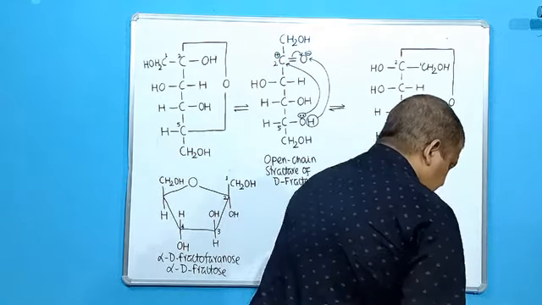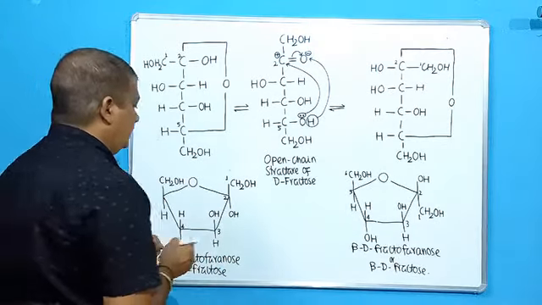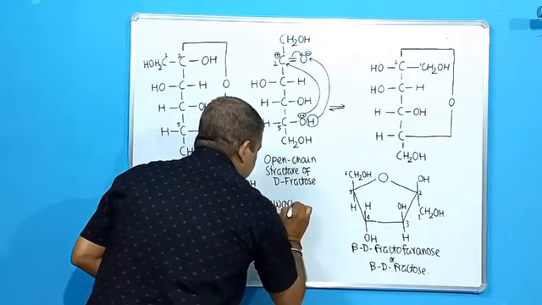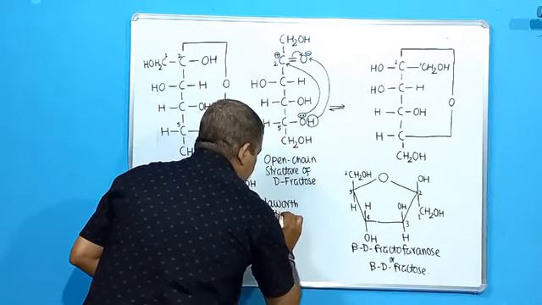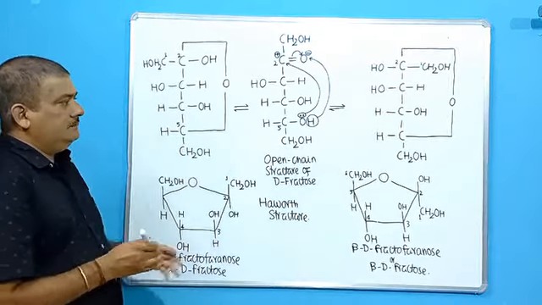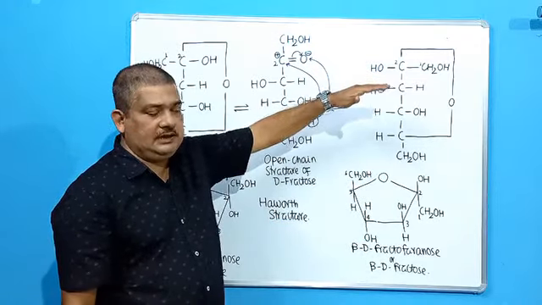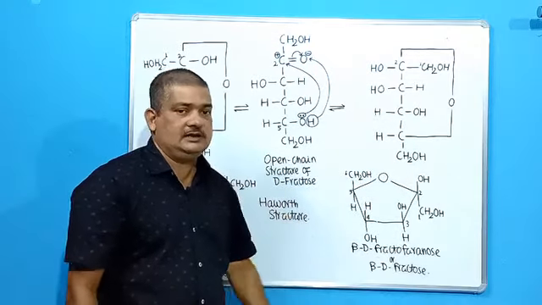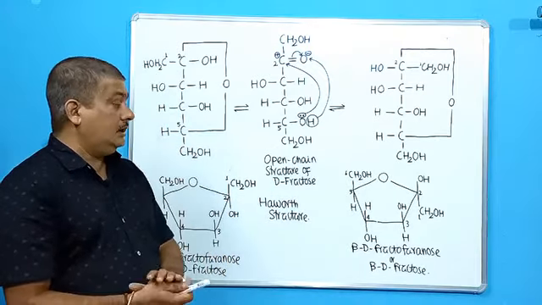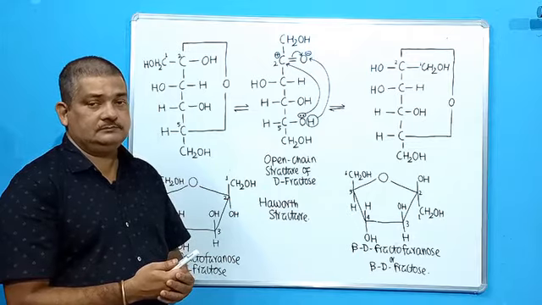So this is how to draw the Haworth structure. Same trick again: whatever will be at the left hand side will be on the top of the ring, and whatever will be on the right hand side will be at the bottom. Okay. So next we will draw the Haworth structure of beta D pyranose and alpha D pyranose.